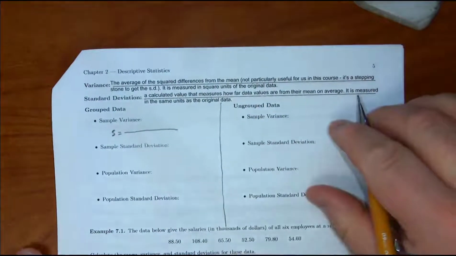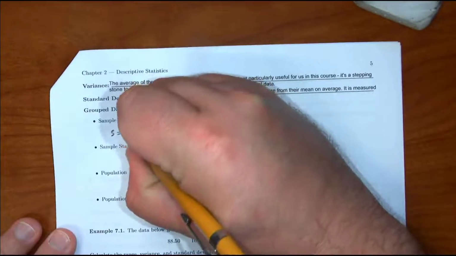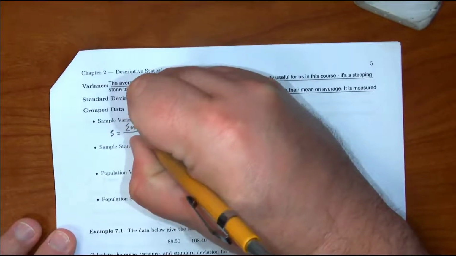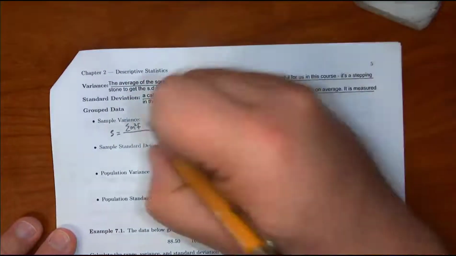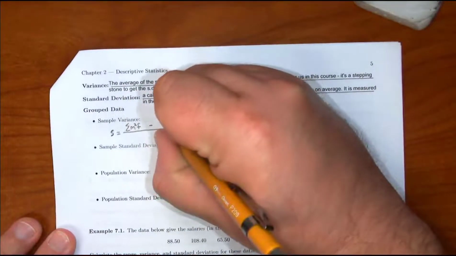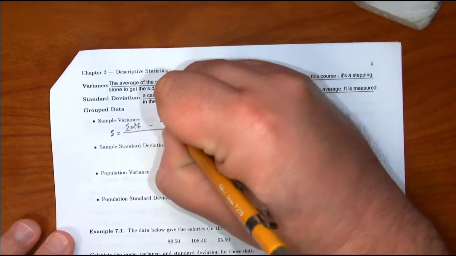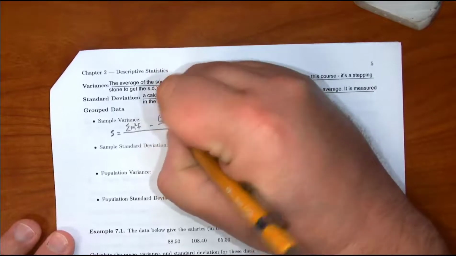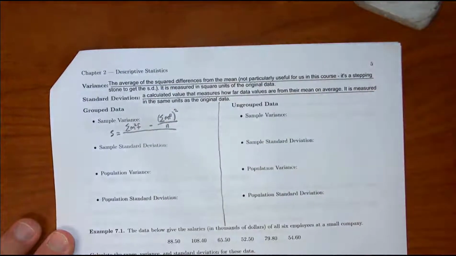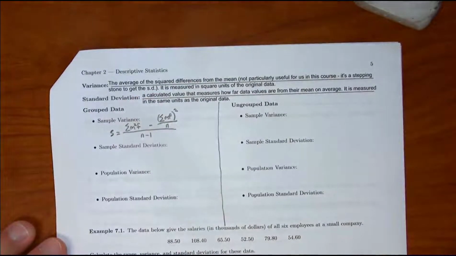On the top of that fraction, for grouped data, it's the sum of the m squared f's minus the sum of the m f's squared divided by n, divided by n minus 1. Sample variance.